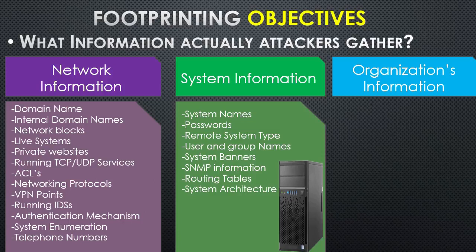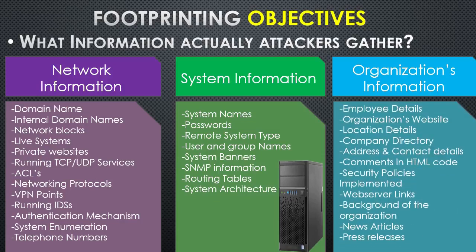And finally, they collect information about the target organization like employee details, the organization's website, location details, company directory, address and contact details, comments in HTML code, security policies, implemented web server links, background of the organization, news articles, press releases, etc.